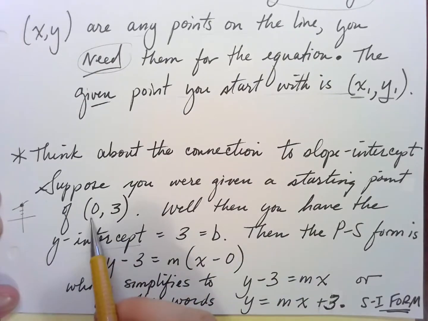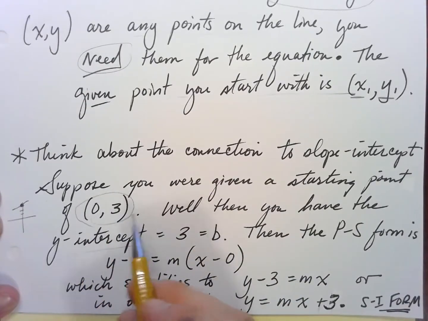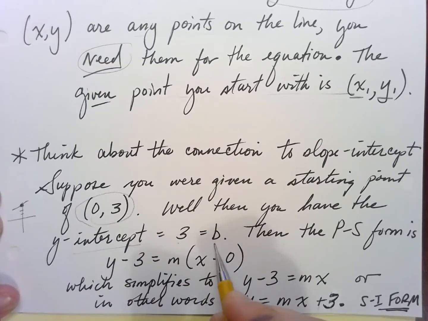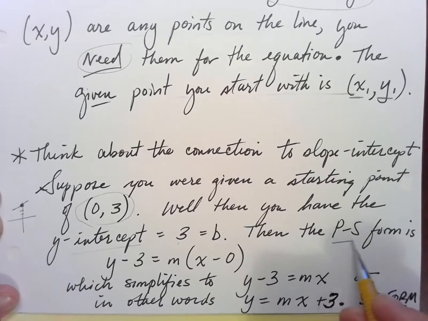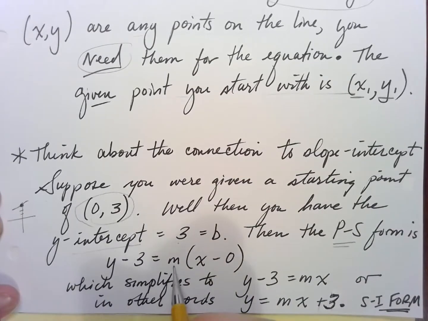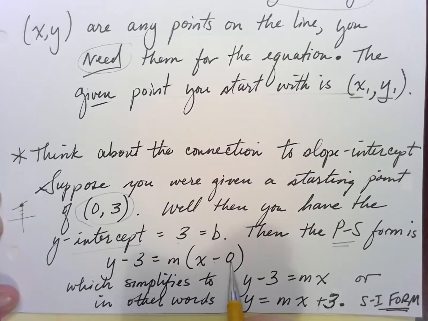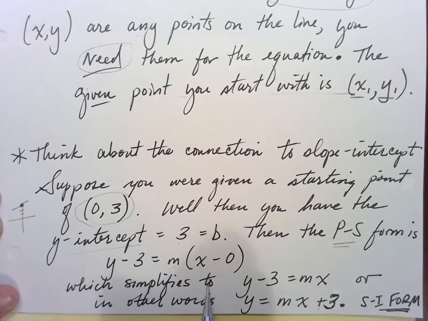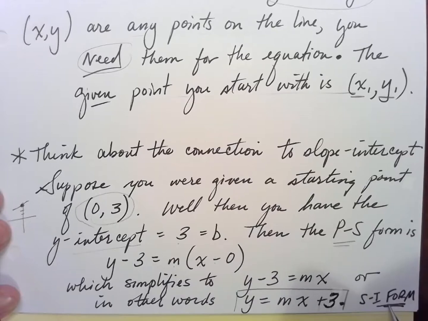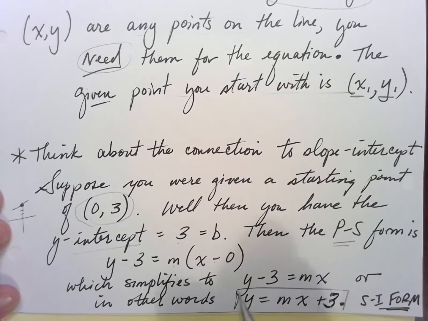So by being given a point like this, you actually have the y-intercept, which is 3, which is b. Then the point-slope form of the equation is y minus 3 equals m times the quantity x minus 0, which simplifies to y minus 3 equals mx, or in other words, y equals mx plus 3, which, as you can see, is now in slope-intercept form. We've solved for y.